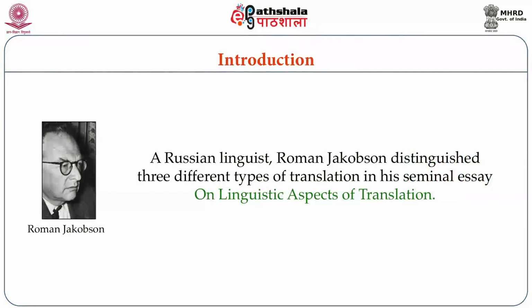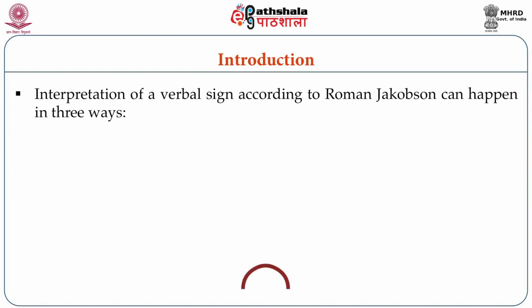I unquote. A Russian linguist, Roman Jakobson, distinguished three different types of translation in his seminal essay On Linguistic Aspects of Translation. Interpretation of a verbal sign, according to Roman Jakobson, can happen in three ways.